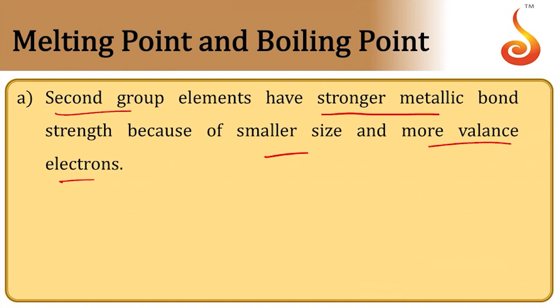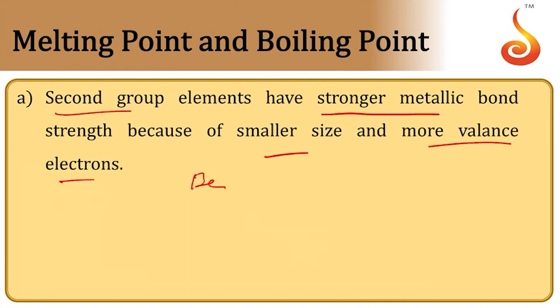But when it comes to the trend, from second group onwards there is no trend in melting point, because melting point also depends on crystal structure of these elements. All the elements have different crystalline structures, and therefore melting points do not vary uniformly.